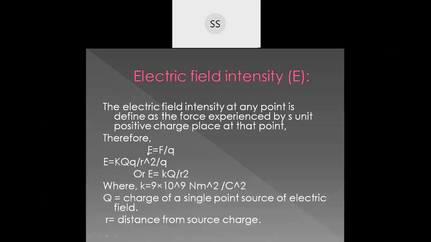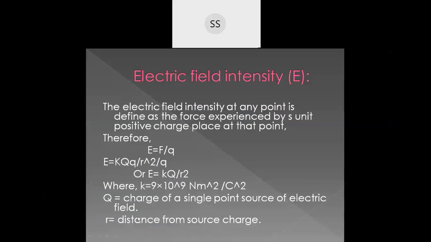So E equals F divided by q, or kQ divided by r square. We already know the value of k, which is 9 into 10 to the power 9 newton meter square divided by coulomb square.